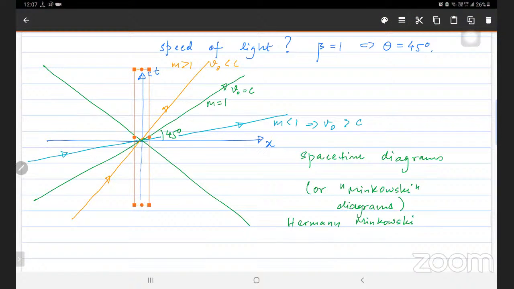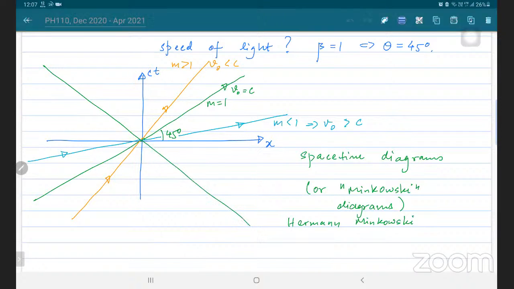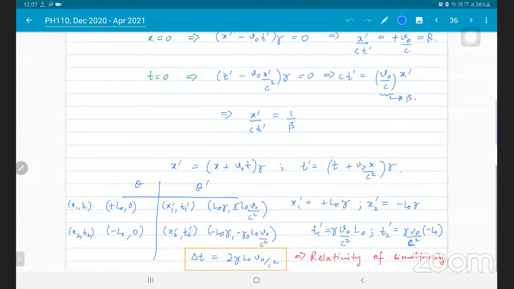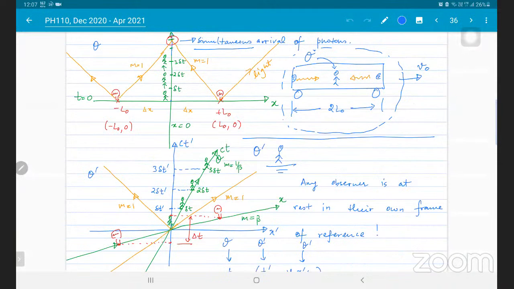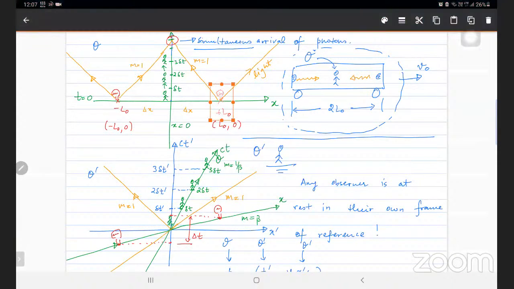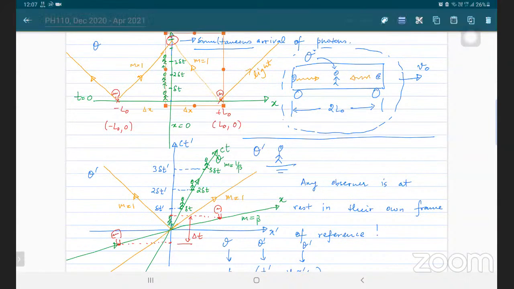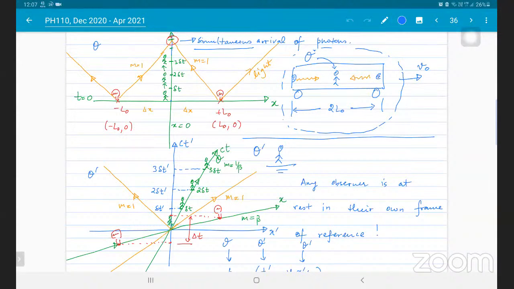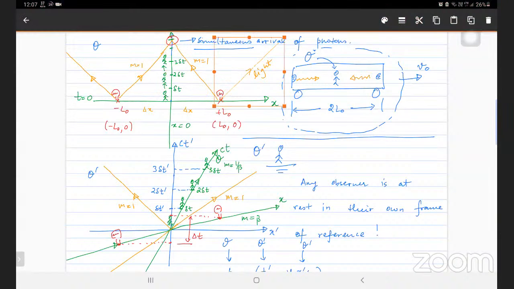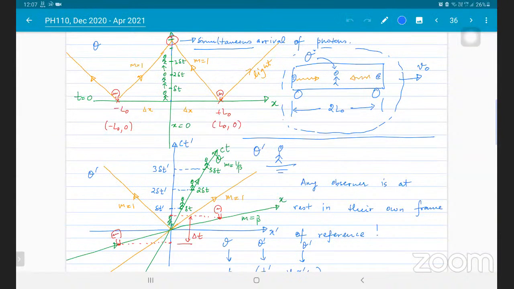I can have a line anywhere, and so for example here, this is a light bulb that emits a flash of light. Now these two orange lines don't pass through the origin, which is fine, but they represent rays of light because they both have slope equal to 1.